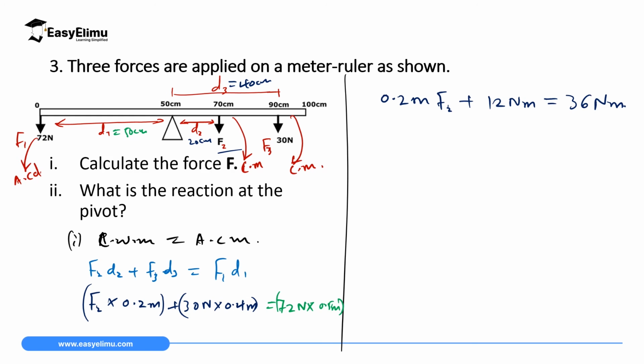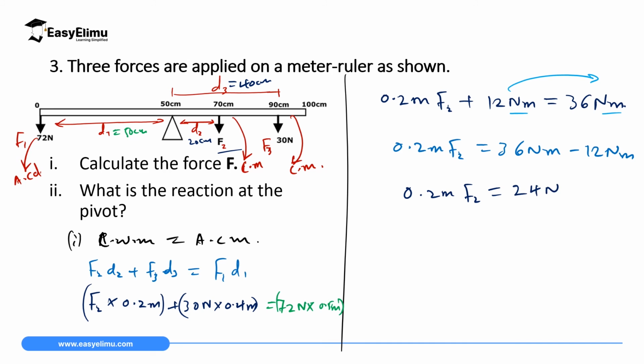Now we put like terms together, Newton meter. We take this to the other side, and we remain with 0.2 meter F2 equals 36 Newton meter minus 12 Newton meter. This gives us 0.2 meter F2 equals 36 minus 12, which is 24 Newton meter.